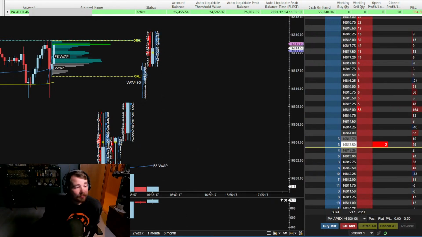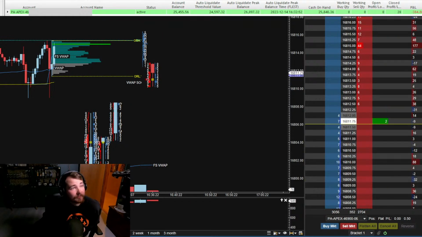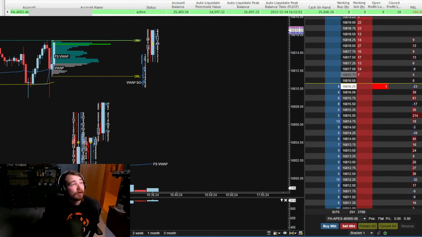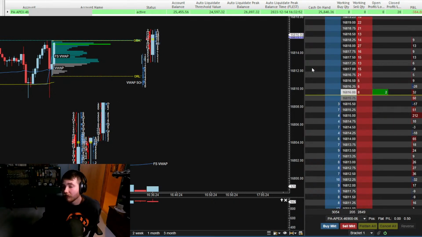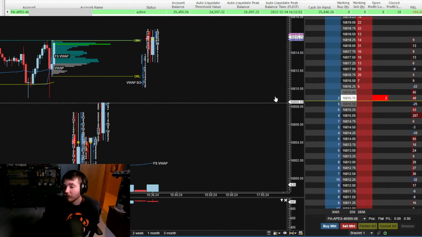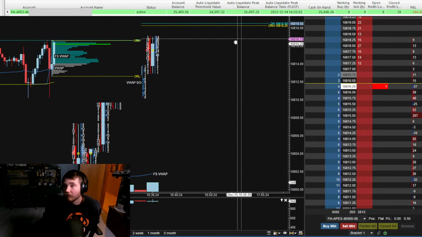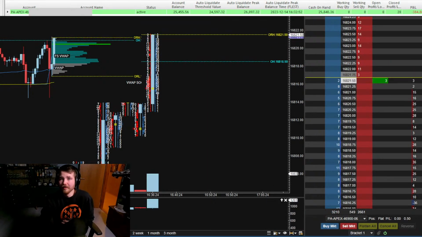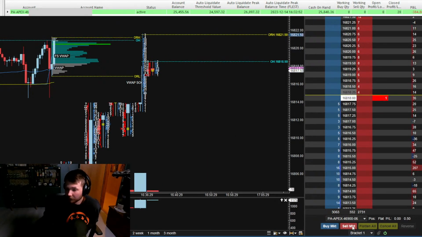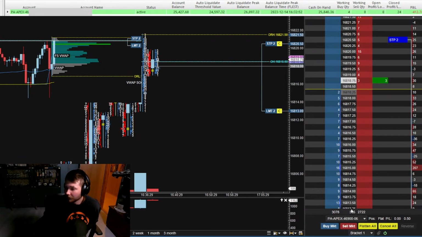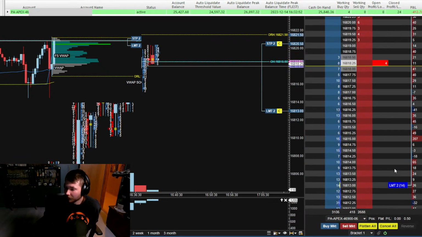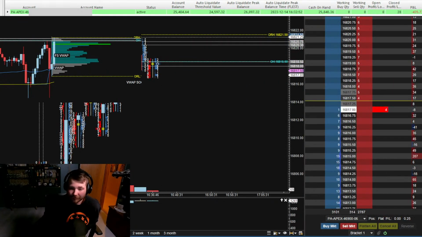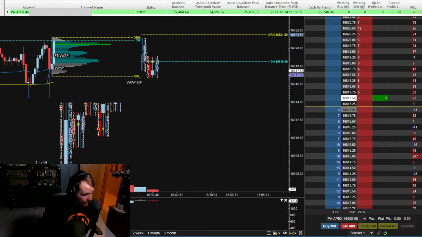A good move to the upside. Let's see if it does break out of this. Look at it again. It's not entering me into trades, which is like, what is going on?